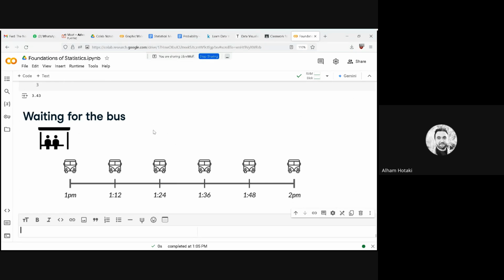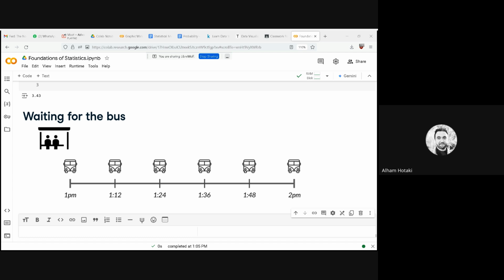Just assume this one. You're waiting for a bus, yeah? From 1 p.m., 1:12, 1:24, 1:36, 1:48, and 2 p.m. These are wait times, in minutes, for a bus. This is called a continuous uniform distribution.